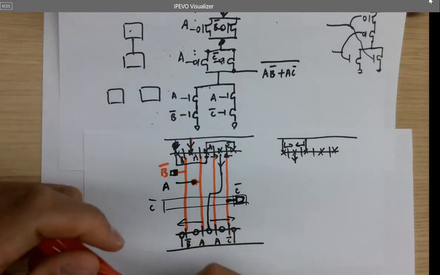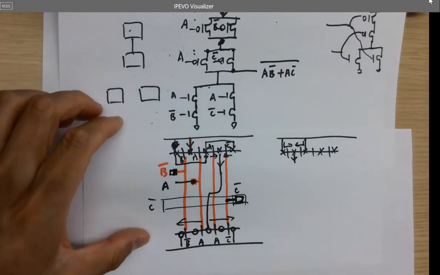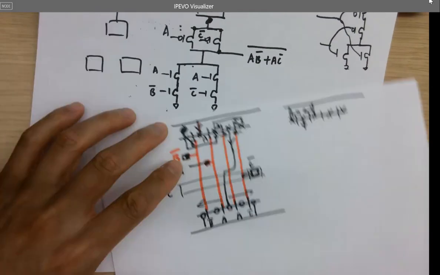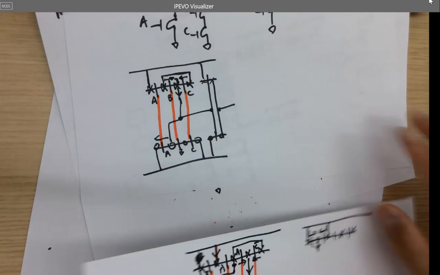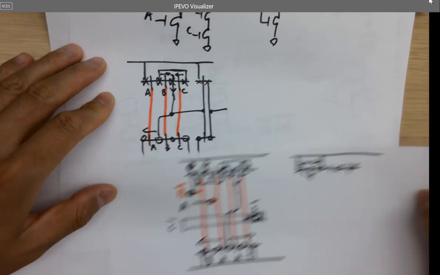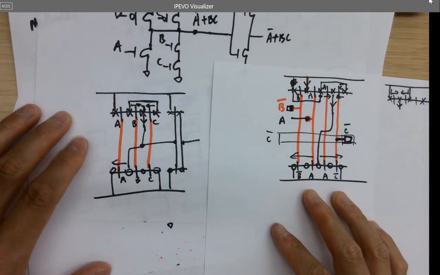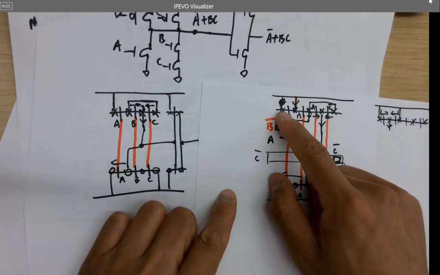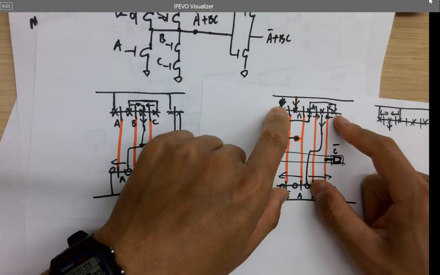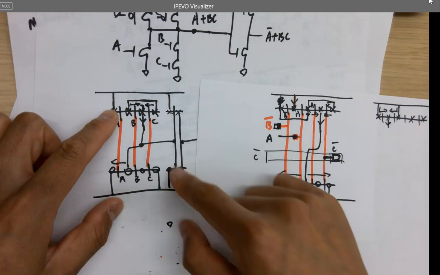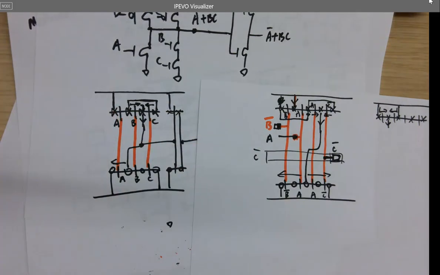Okay. And we find out this is a lot easier than this one when you laid it out. It must be more compact as well because everything is designed in one line. This one you have to draw another gate next to it to invert it.